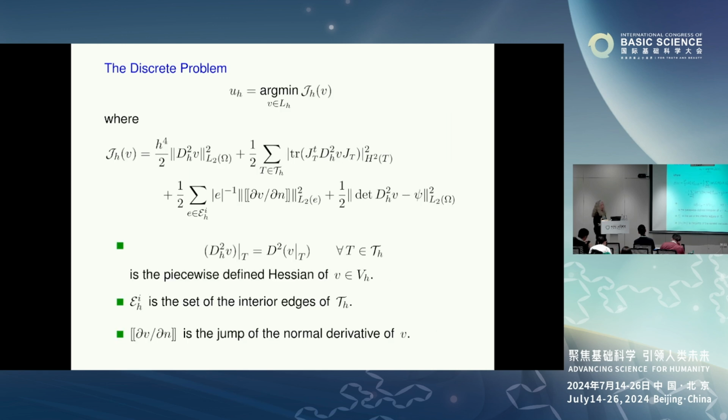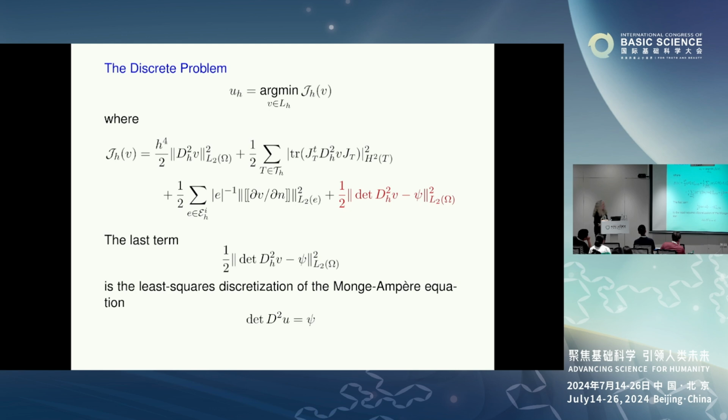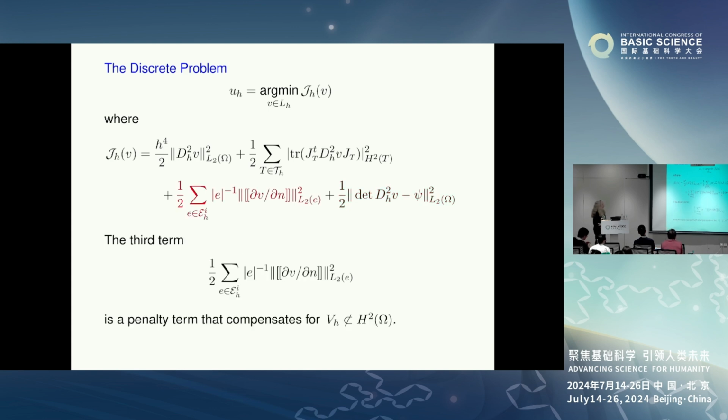So this is our discrete problem, where dH squared V is the piecewise defined Hessian of V. EHI denotes the set of interior edges of our triangulation, and this denotes the jump of the normal derivative of V. This last term is the least squares discretization of the Monge-Ampere equation. The third term is a penalty term that compensates for the fact that the finite element space is not in H2.